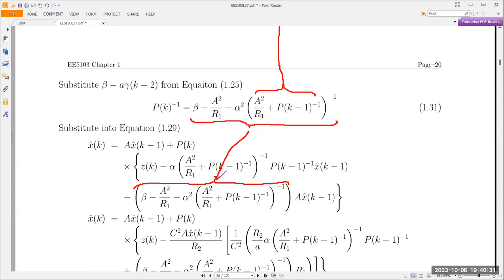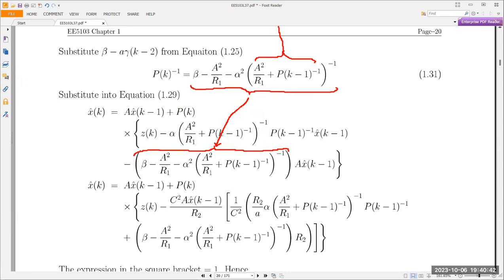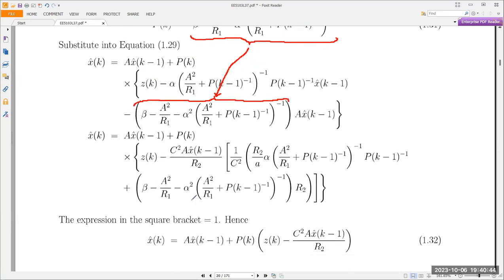Okay. So I think previously this must have been PK minus 1. All right. Then you rewrite, you will get this. You rewrite this equation, you will get this. So I should say here, rewriting, you will get this.